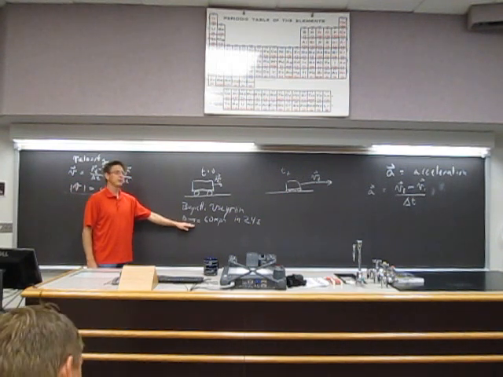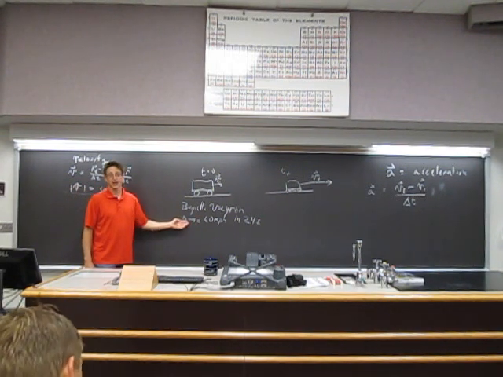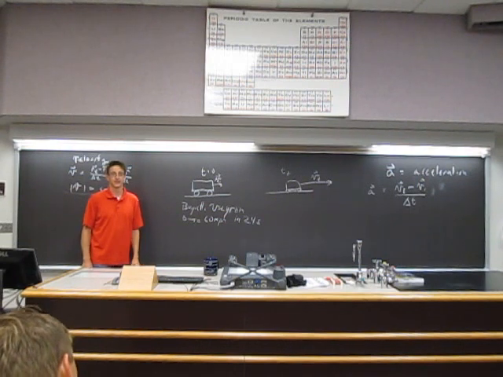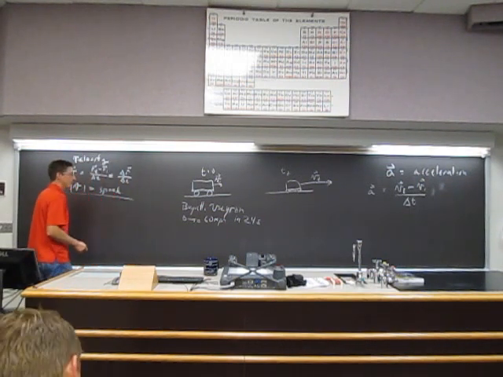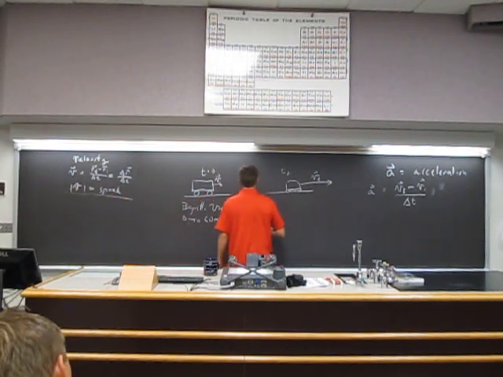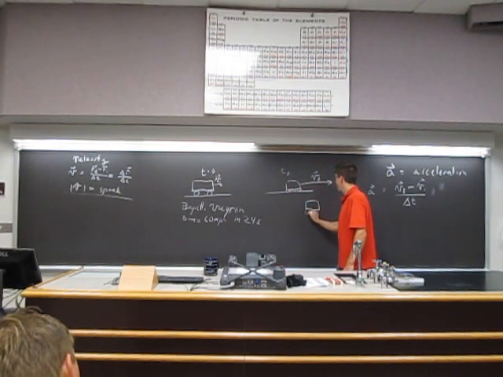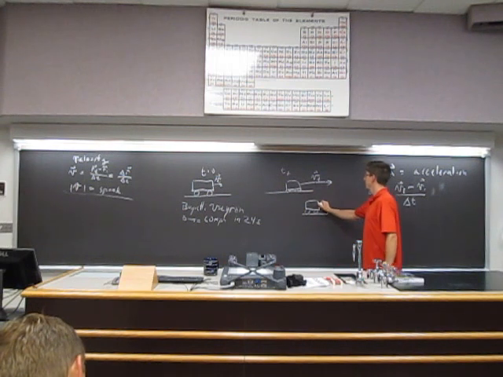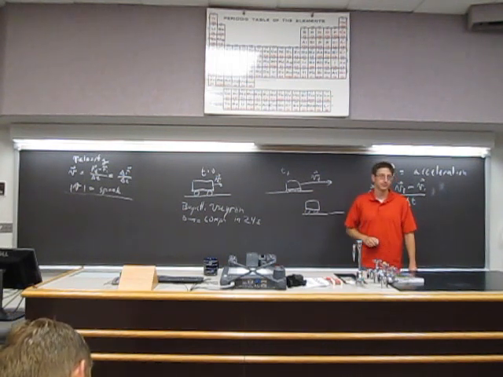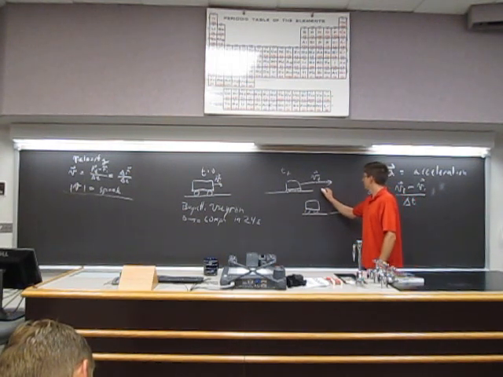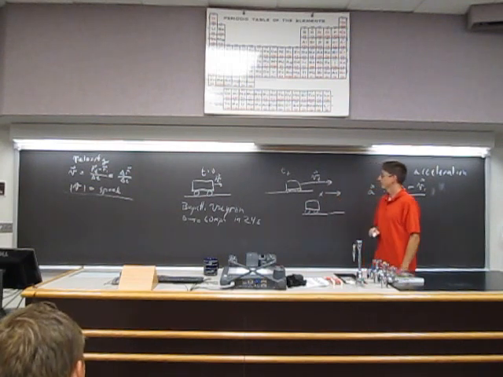Anyway, let's see if we can figure out what the acceleration is as it's doing this. So as it's going from 0 to 60, let's draw a little picture. Everything here would be in one direction. The x direction, we're just going to say, goes that way.